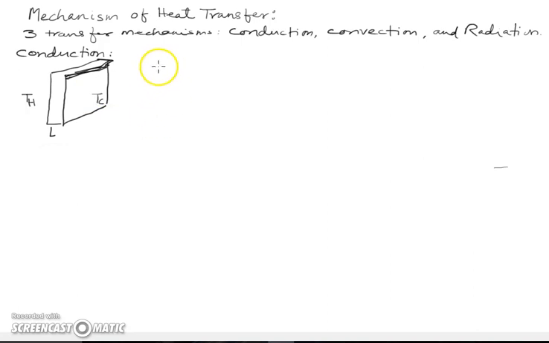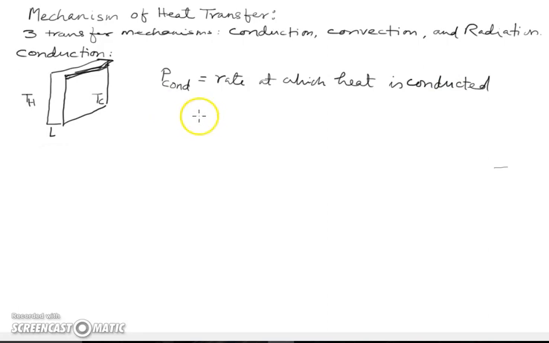So the rate at which heat energy is transferred or is conducted through this slab is given as, so let's say P conduction, we are talking of conduction, is the rate at which heat is conducted or transferred.